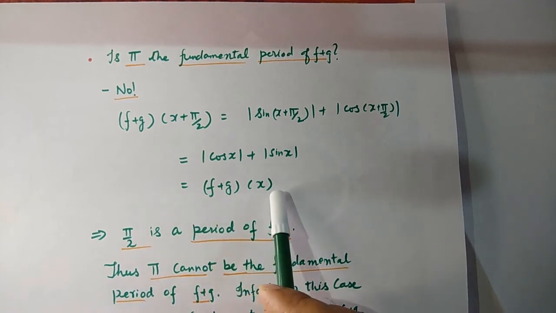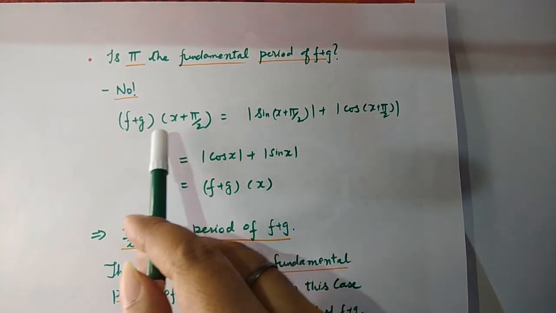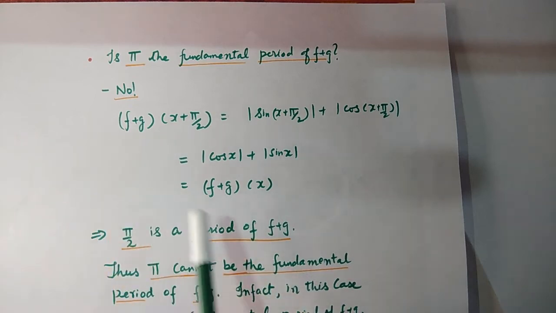So we have clearly seen that pi by 2 is a period of f plus g. And since pi by 2 is a period of f plus g, pi cannot be the fundamental period of f plus g, because by definition the fundamental period is the smallest positive period of the function.